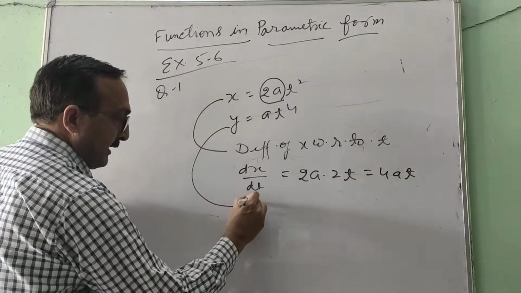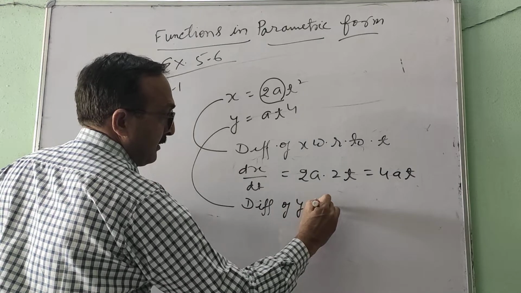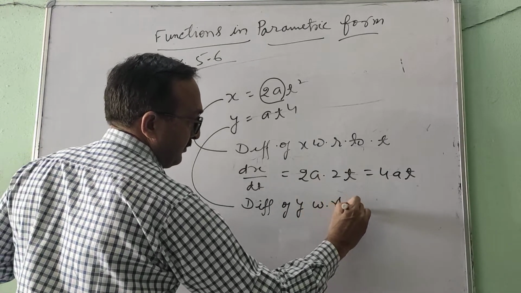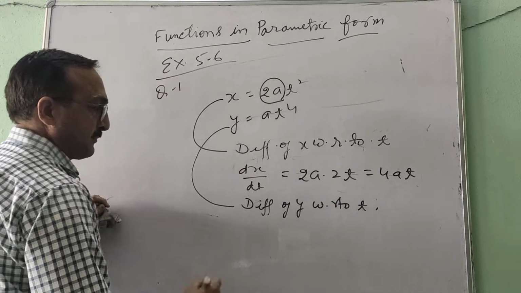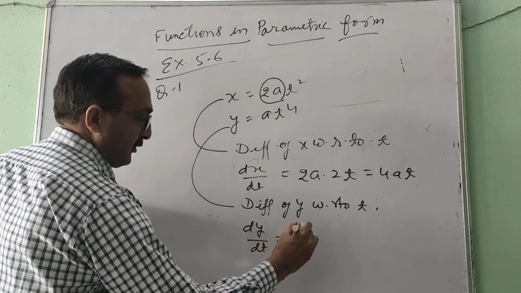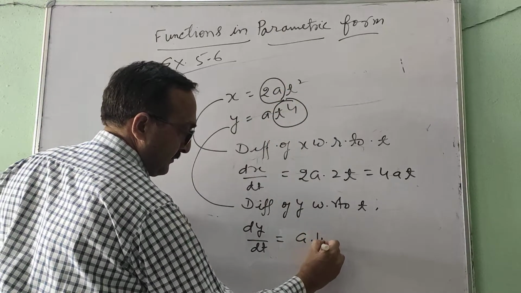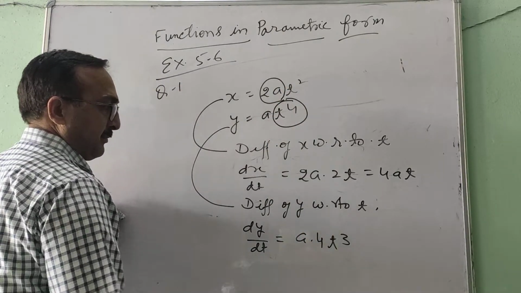And now this is the differentiation of y with respect to t, dy upon dt equal to a, and t4 differentiation, 4t cube.